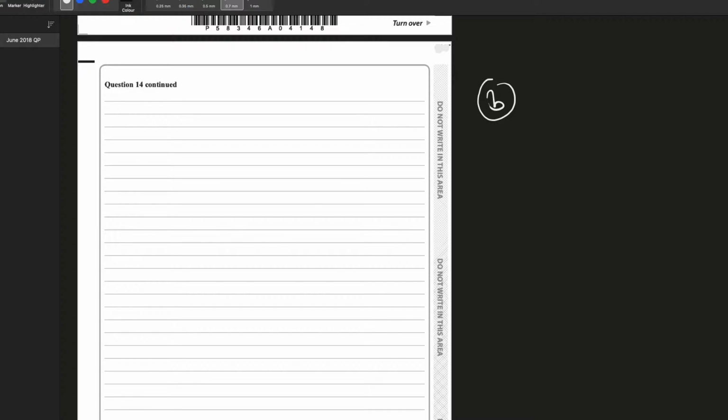So if this is the line, and there's another one, this is the y-axis, and this is the x-axis. It cuts it at 2 points, so you can cut it here.